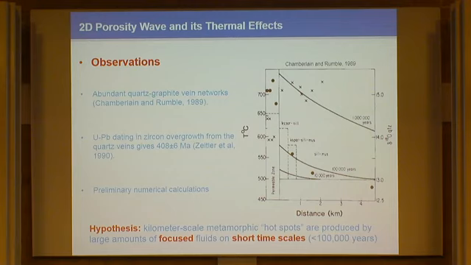All this evidence and the preliminary kinematic fluid flow model suggest the metamorphic hotspot could be formed by focused fluid flow of a large amount in a very short time scale. The time scale must be short because if you allow it to sustain a longer time, the horizontal diffusion will smooth out the sharp temperature gradient.